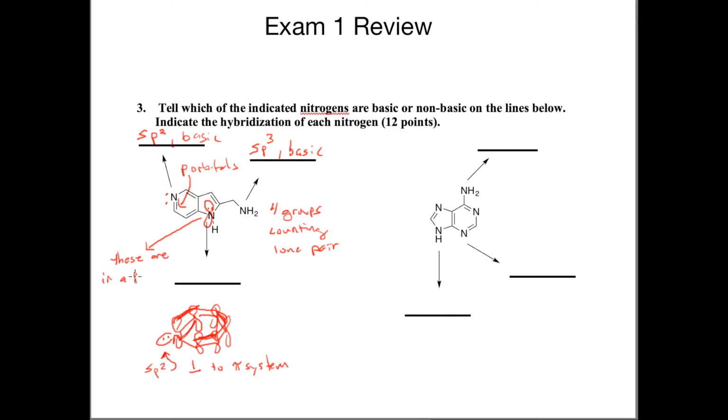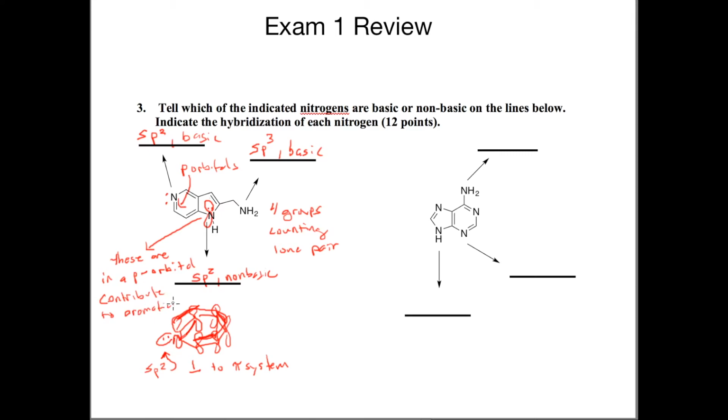So we have sp2 here, and since those lone pairs are actually not available for use as a base, as they're contributing to the aromaticity of that. So just make a note here that this one contributes to our aromatic system.